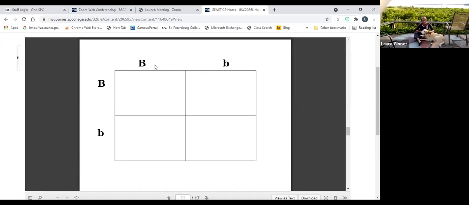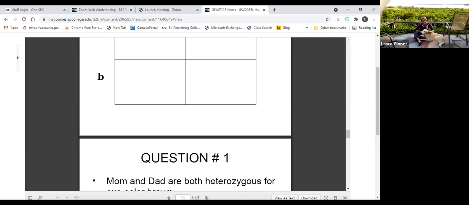Blood type would be either big B or big B, big O. So this is a heterozygous parent for something, big B, little b, and also on the vertical, heterozygous for whatever B is, trying to indicate the inheritance pattern or the genotype of.